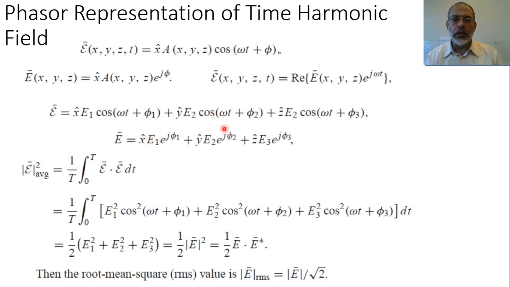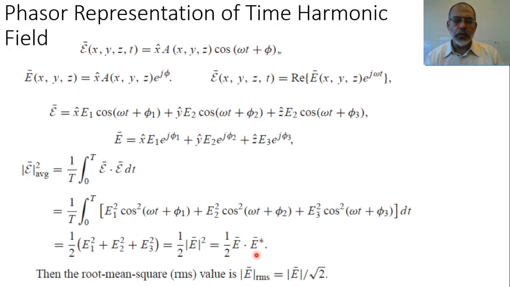In a similar way, E2 squared, E3 squared. So E1 squared plus E2 squared plus E3 squared is equivalent to the phasor quantity E dot E conjugate. So the average electric field squared equals half of E dot E conjugate.